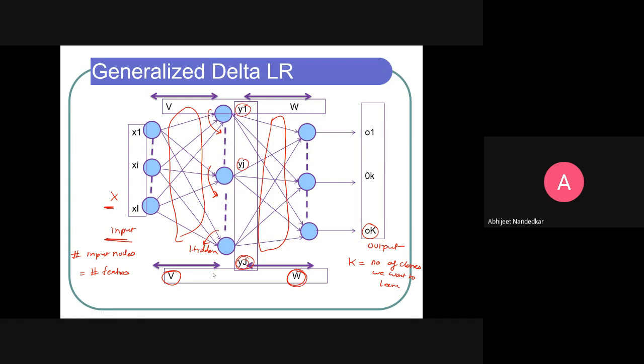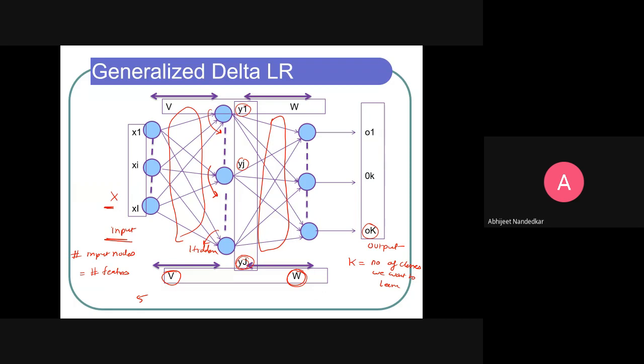As a thumb rule, you can try using twice the number of neurons of the feature vector. Suppose your feature vector is of size 5, then try to take 10 neurons on the hidden side. Output: how many? It depends on how many classes you want to learn. If I want to learn 5 classes, then use 5 neurons on the output side.